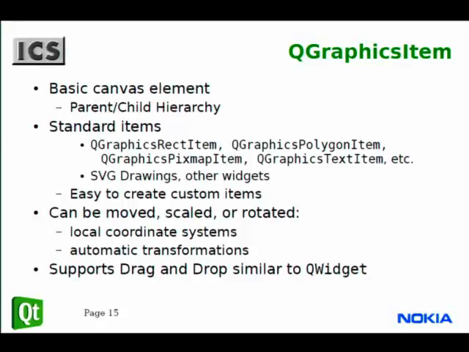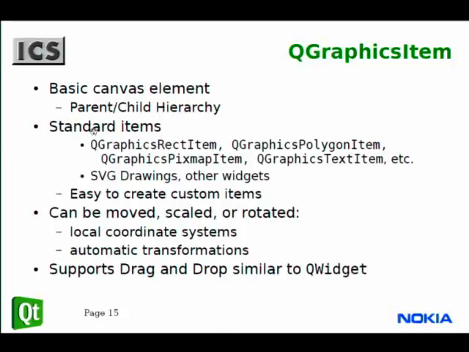So the basic element that we're talking about, and for those of you that have done Qt3, we used something called a canvas back then. So that's why we're using canvas here. It is equivalent to your canvas element. It supports the parent-child hierarchy, just like QObject and QDomNode.